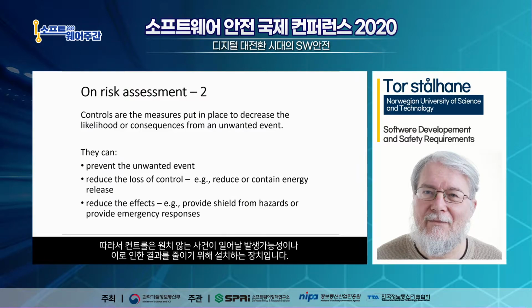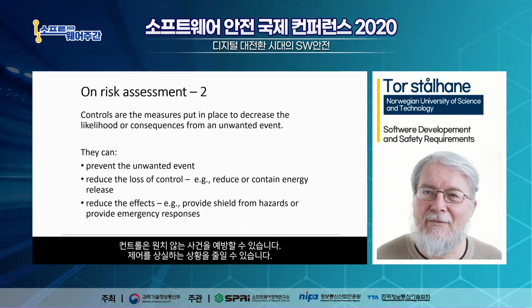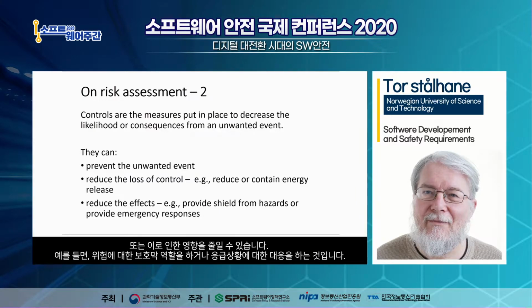So controls are the measures put in place to decrease the likelihood or consequence of an unwanted event. Remember, we have the hazards, we lose control over them, and we get an unwanted event. So the controls can prevent the event, they can reduce the loss of control, or they can reduce the effect, like provide shields or provide emergency responses.